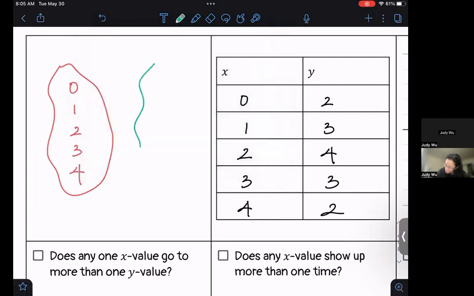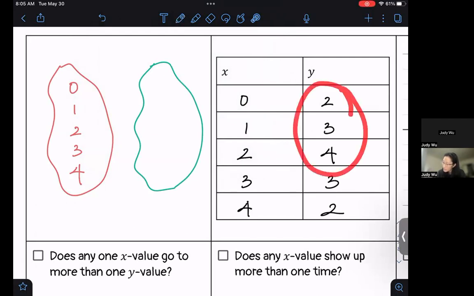And then in our second bubble, we need the numbers we have for the y value. I notice that I have 2, 3, 4, and then 3 and 2 again, but I only write the numbers one time. So I'm only going to write a 2, a 3, and a 4.